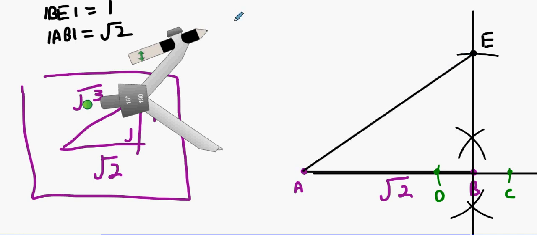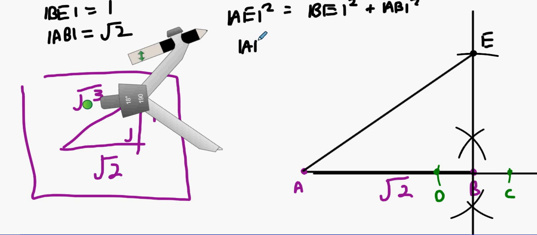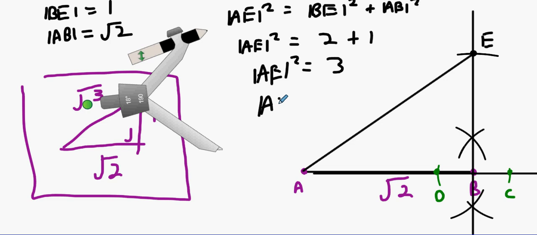And you might just go through the whole spiel of doing this, just to really spell it out for them. They love their formal stuff in the constructions. And everybody happy AE equals root 3? Did anybody do it that way or a different way last night?